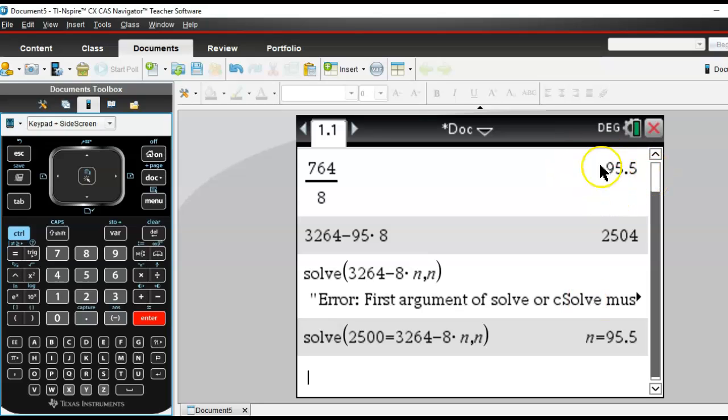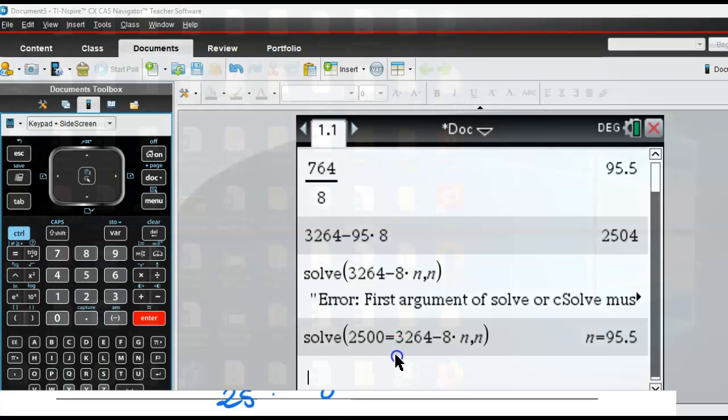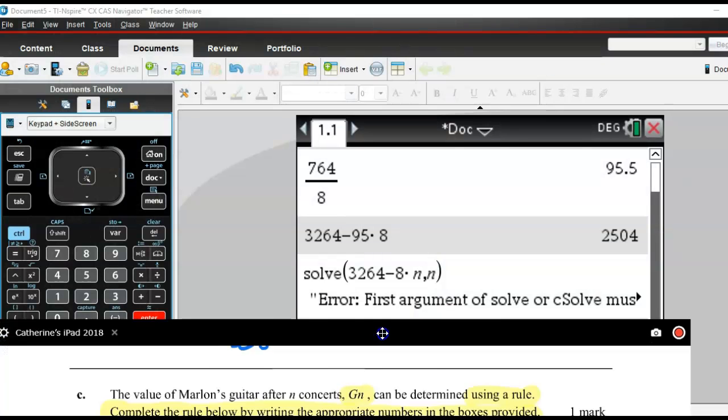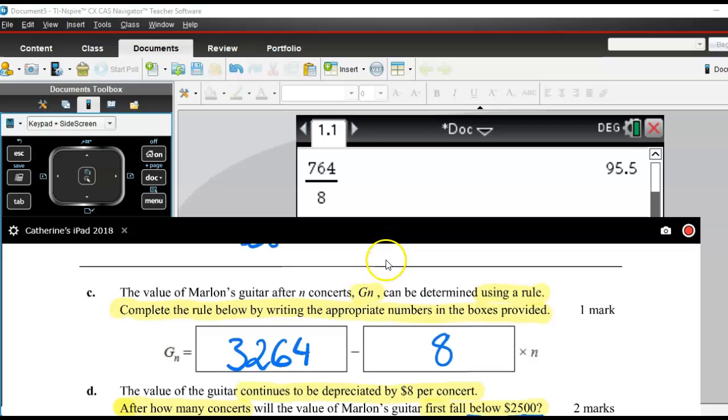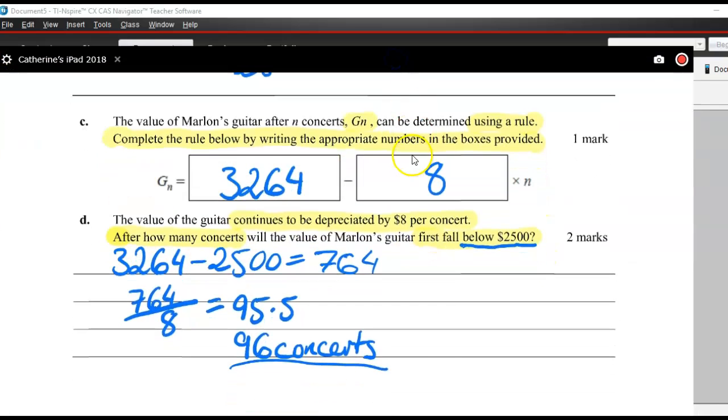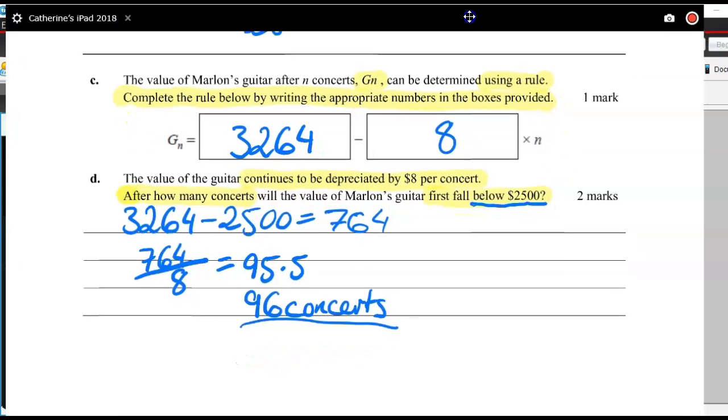You see, we get the same result as we got up there. And then we can apply the same thinking. After 95 concerts, it won't be under 2,500 yet. So after 96 is when it'll first be below 2,500. And that's something I'd like you to really focus on understanding.